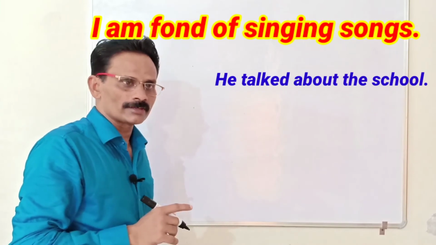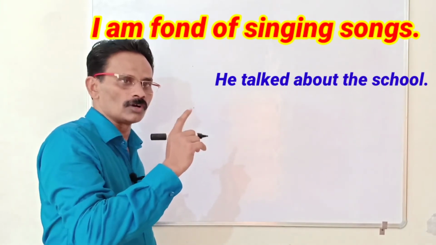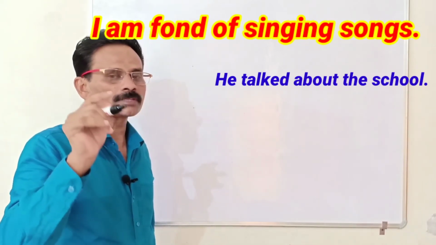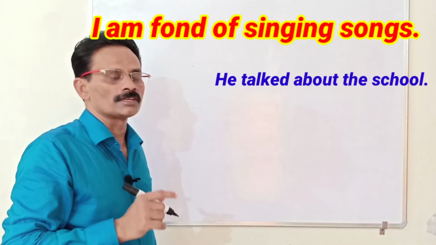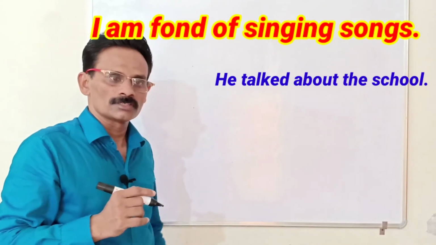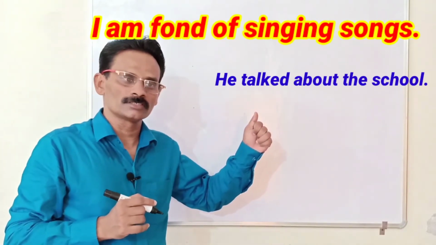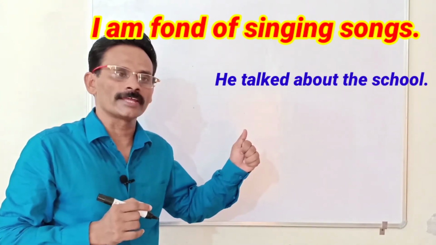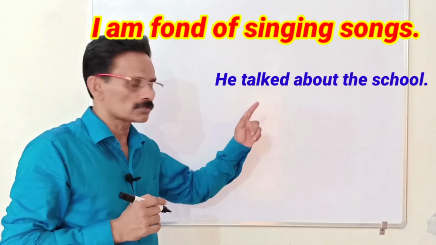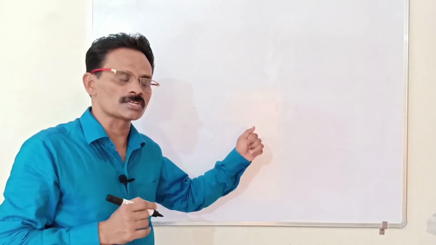In the same way, if a non-finite verb that ends with ing comes after a preposition, it is a gerund. So remember, a gerund can be the object of a preposition, just like a noun can be the object of a preposition. About a school, school is the object of the preposition about.